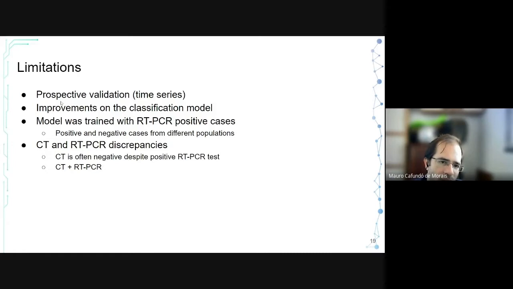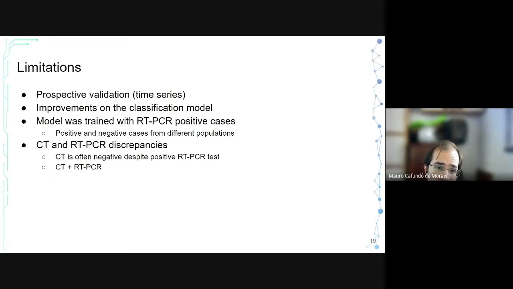Of course, we need a prospective validation, like time series analysis. How does this condition change in time? If the patient has a poor prognosis, does the ground glass opacity mean something now, or how relevant is it?